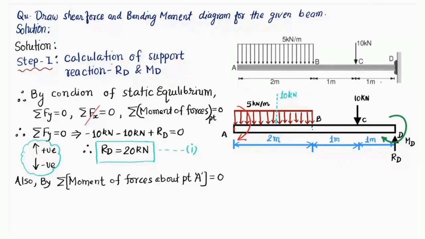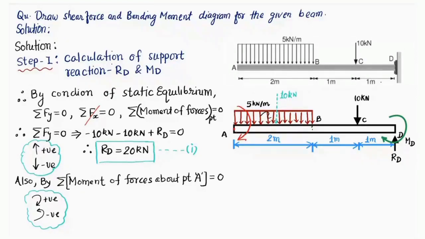I'm going to follow a sign convention here: the clockwise moment is taken as positive and the anti-clockwise moment is taken as negative. This sign convention I'm going to follow for bending moments. Kindly remember this. This 10 kilonewton, which is the equivalent point load of the uniformly distributed load, will rotate the beam in the clockwise sense.